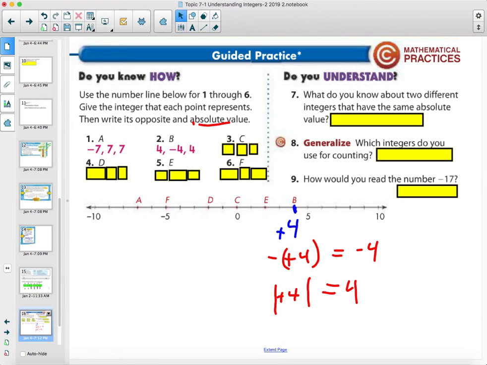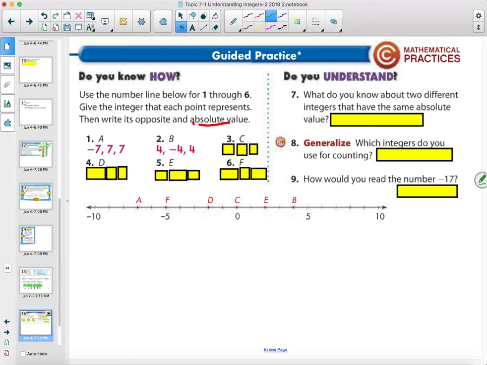What do you know about two different integers that have the same absolute value? Think about that. If I said to you, here are two integers, +5 and -5. What do you know about the two different integers that have the same absolute value?